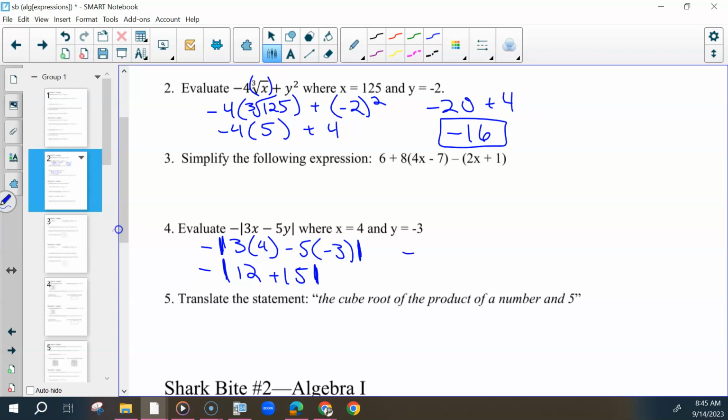Add. If there was anything left to do on the inside, we can do that, but there's not, so drop the absolute value. You can put them in parentheses or just drop them in this one. -27 should have been your answer for that one. Questions on that one?